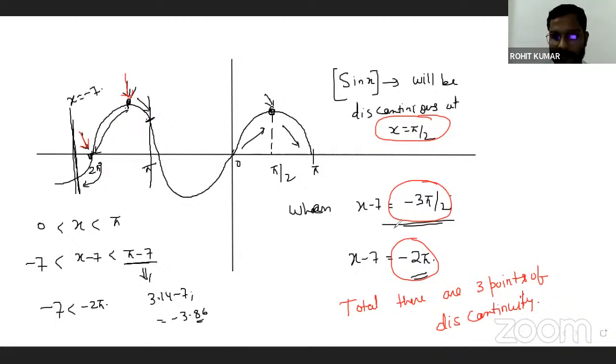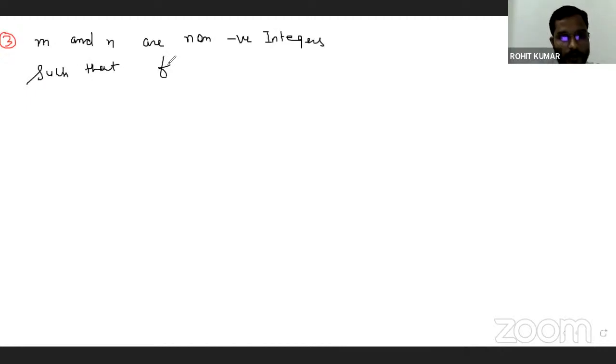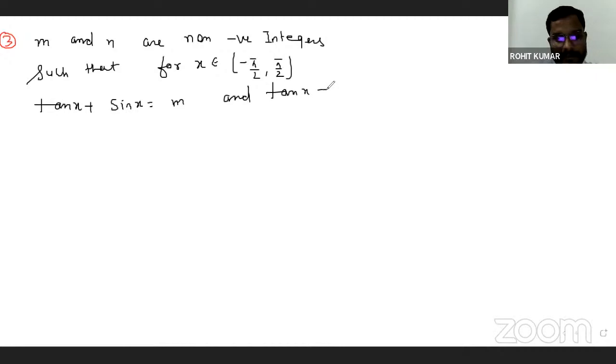Okay, let's take question number 3. m and n are non-negative integers such that for x belonging to minus pi by 2 to pi by 2, tan x plus sin x is equal to m, and tan x minus sin x is equal to n.